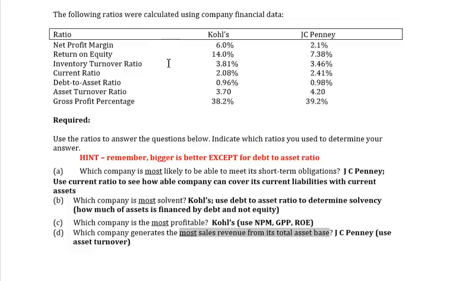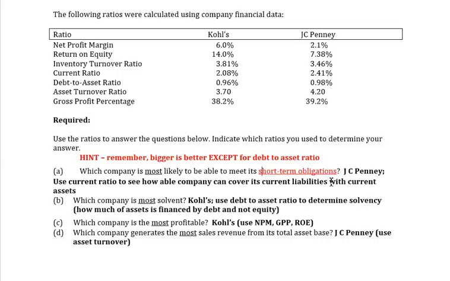So in this particular case, we've got net profit margin, return on equity, inventory turnover, current ratio, debt to asset ratio, asset turnover ratio, and gross profit percentage. Which one of those would we look at to determine the company that's most likely to meet its short-term obligations? Short-term obligations. Which one would that be?